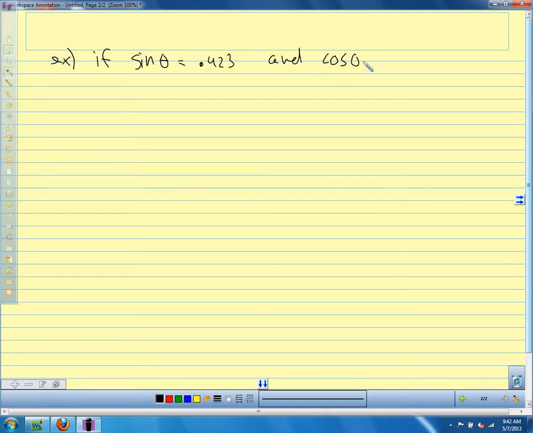And cosine theta is 0.906. Find the tangent of theta.